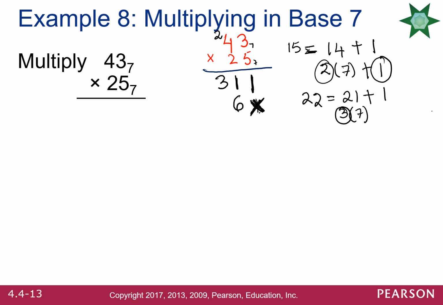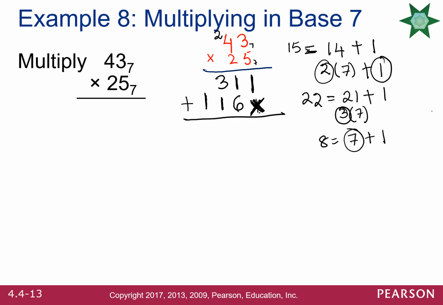There are no bundles of 7 possible to extract, so we just write the 6. And then 4 times 2 is 8, correct? 8 has one bundle of 7, 7 plus 1. So I'm going to write the 1 and then that bundle of 7 to its left.